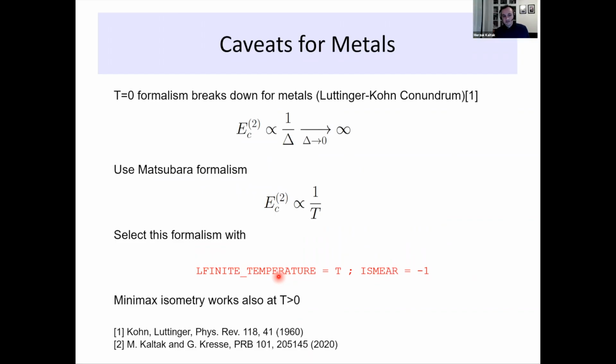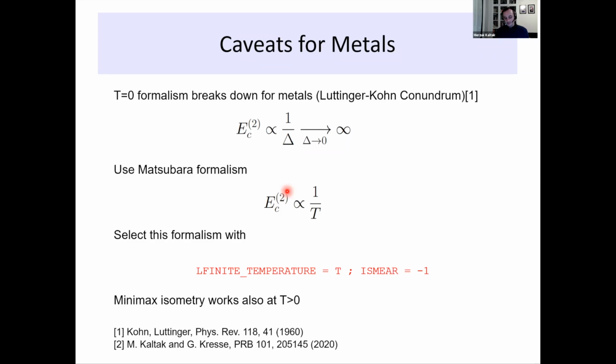So the idea here is that you can approach this diagrammatic series of the total energy from two sides. You can consider the system at zero temperature, for instance, and if you do so, you study the total energy.